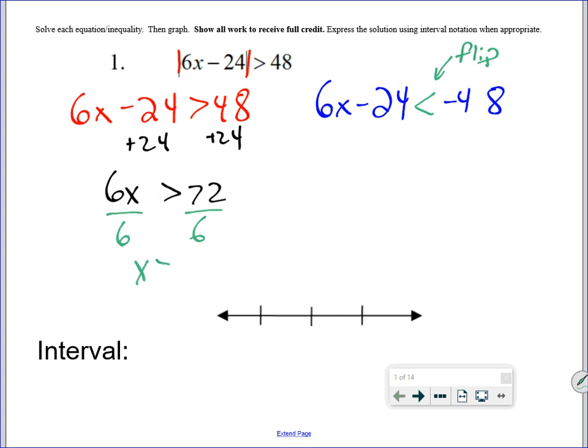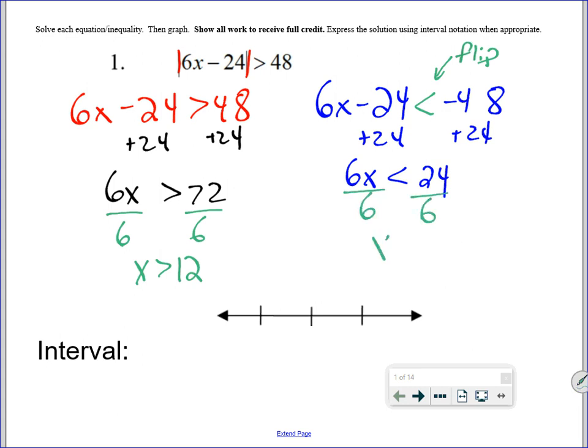And I'll get x is greater than 12. Over here, I will add 24 to both sides, and I'll get 6x is less than 24. Divide both sides by 6, and we'll get x is less than 4.